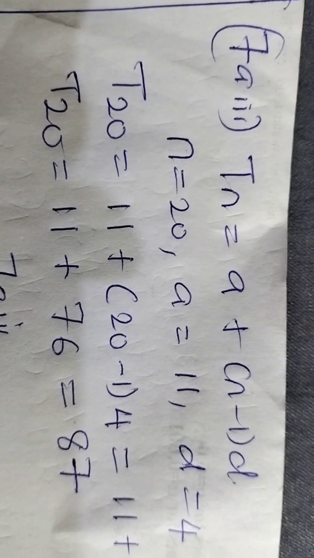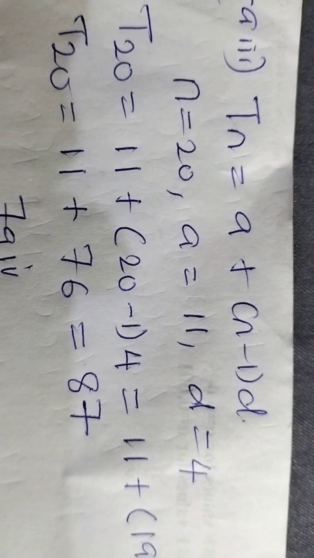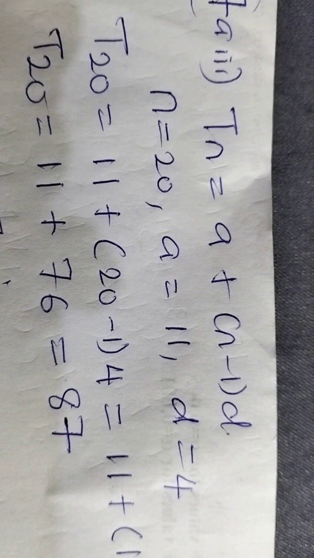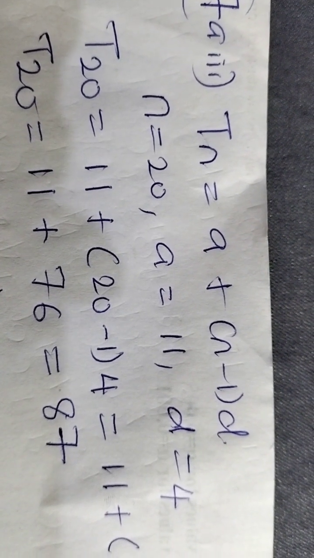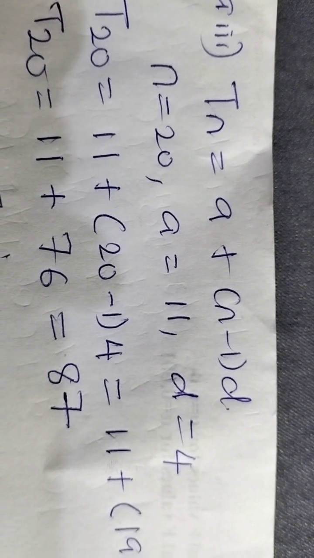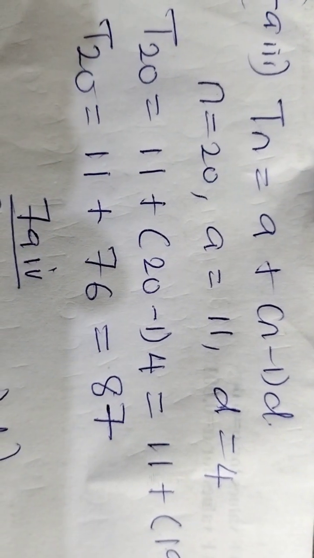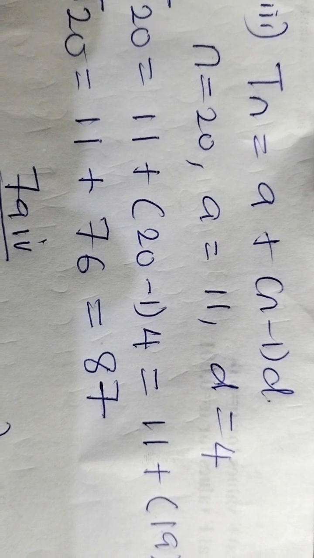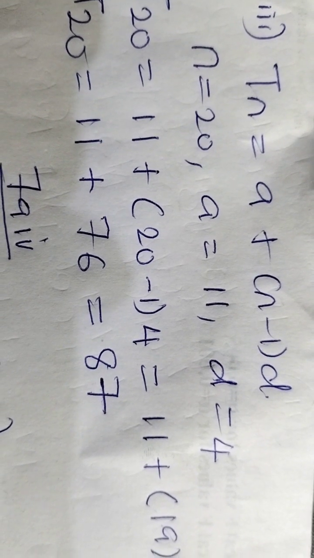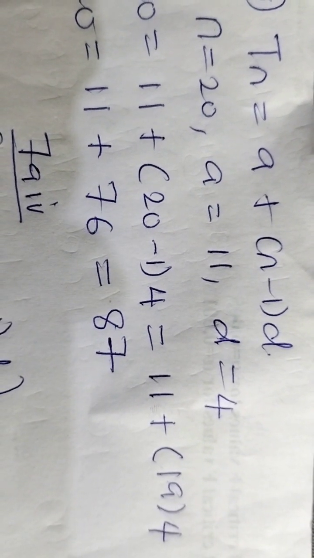We'll now go to 7(iii) that says find the 20th term. We still use the nth term equation, Tn equal to A plus bracket opens n minus 1 bracket closes D. This time around n is 20, A is 11 from the previous solutions, and D is equal to 4.